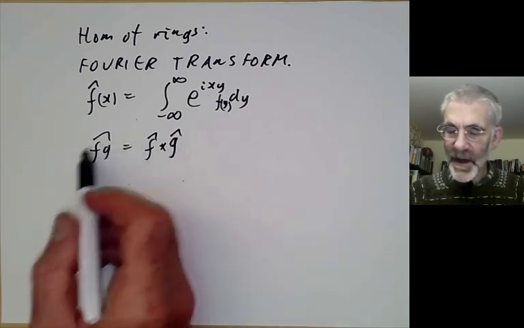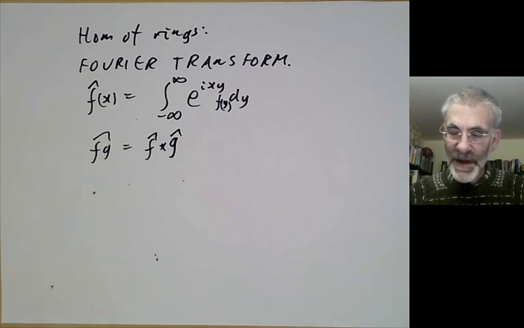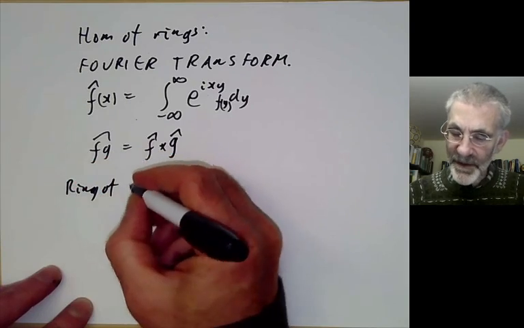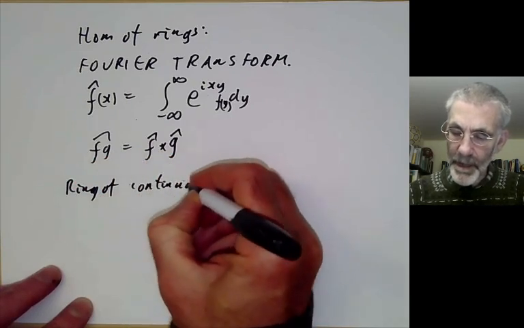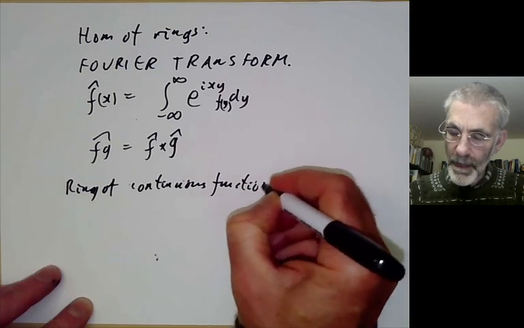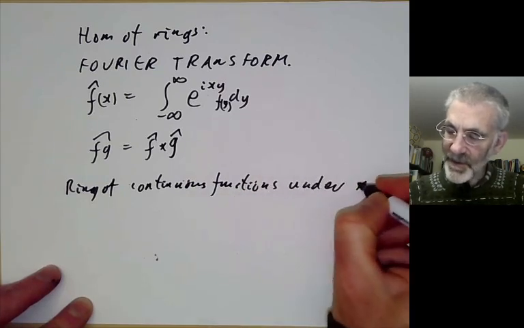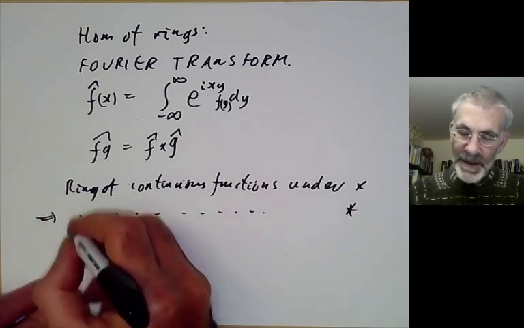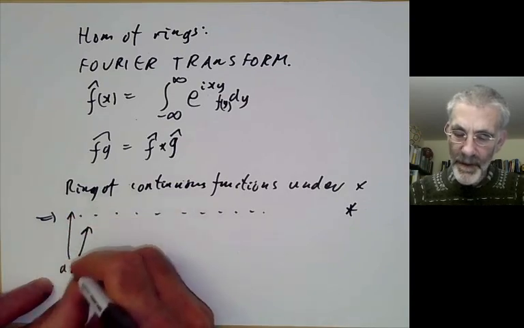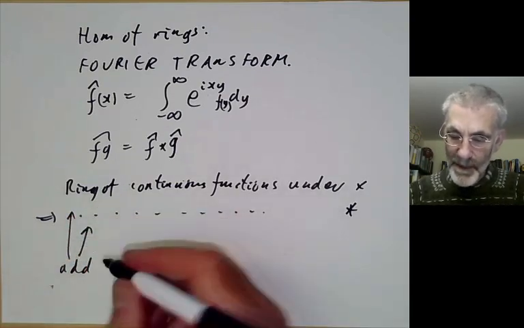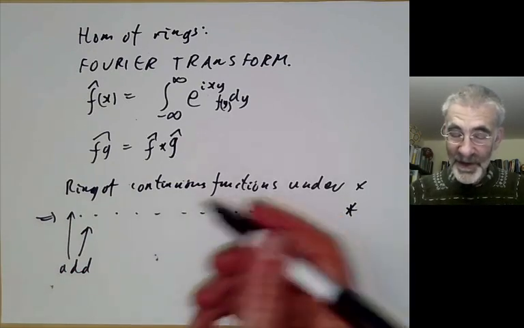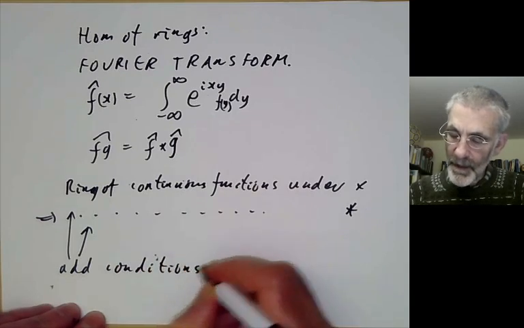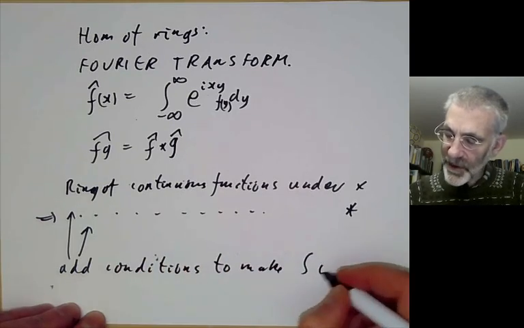If you look at this, it's just saying the Fourier transform is more or less a homomorphism of rings from a ring of continuous functions under pointwise multiplication to some ring of continuous functions under convolution. Except in both of these cases you need to add some sort of conditions to make sure the integrals converge.